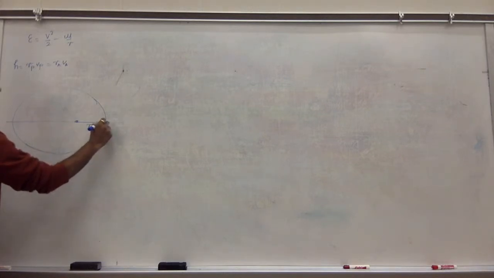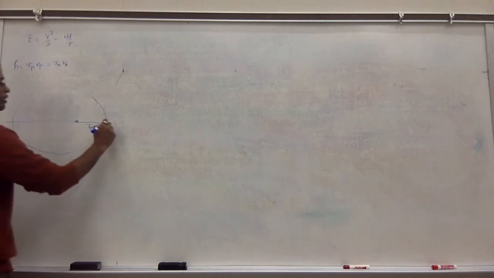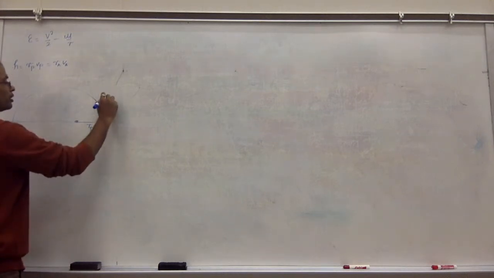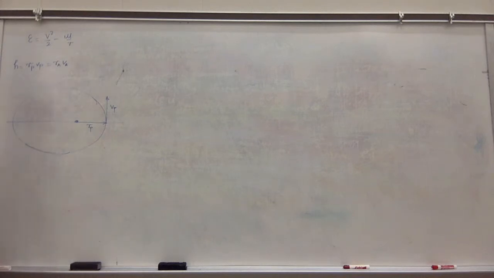And at this point, for an elliptical orbit, at the apoapsis and at the periapsis, only at these points, the velocity vector is perpendicular to the position vector. So typically what is H? H is R V cosine of angle between them.